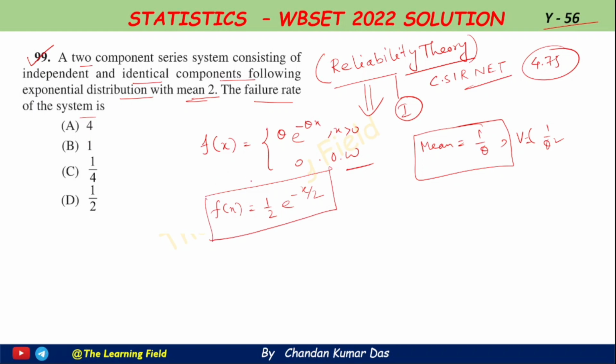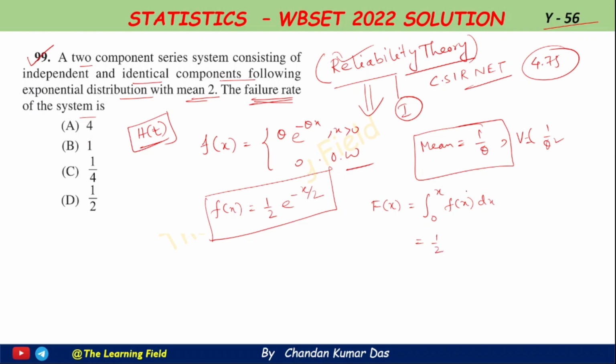Now we have to find the hazard rate function, or the failure rate, that is the value h(t). You get this in my reliability theory video, and you can get all the topics and concepts of reliability theory there. You must watch this. Now we find the distribution function capital F(x), which is the integration from 0 to x of f(x) dx. We all know how to calculate the distribution function from the density function.